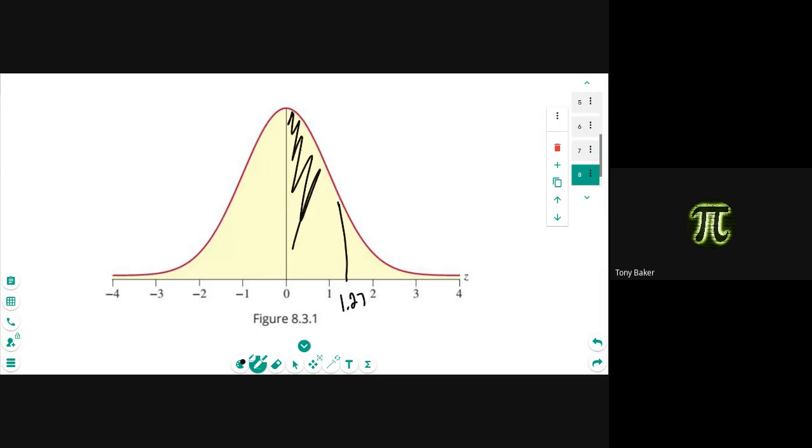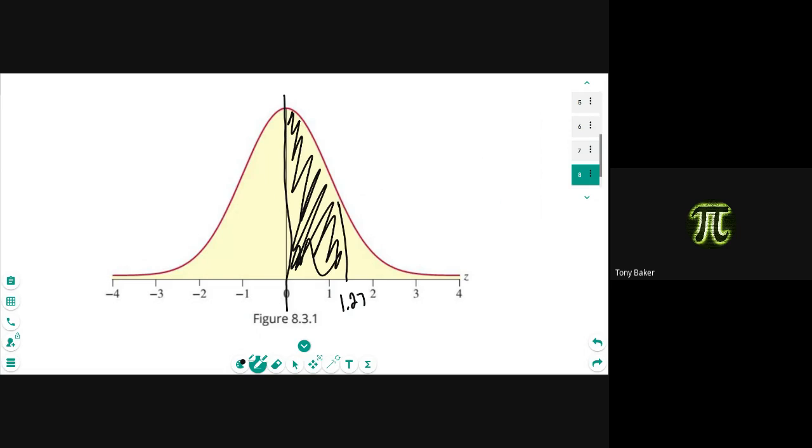What if I just want that area? From 0 to 1.27. Would you just calculate, subtract what you get for the one? At the 1.27, subtract it. Subtract from what? Not from 0.